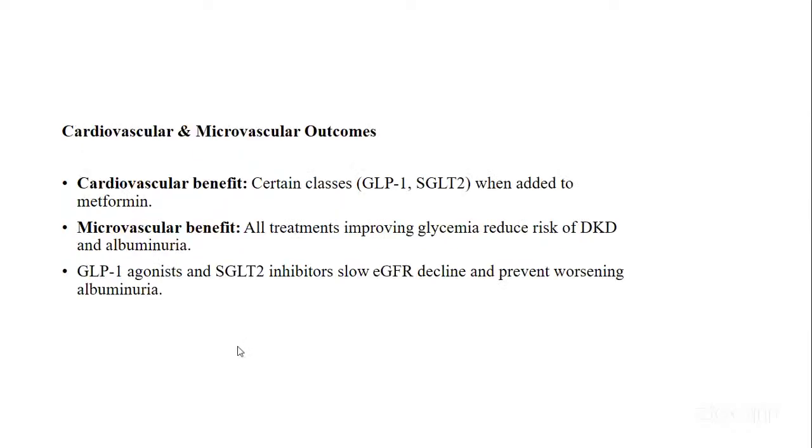For cardiovascular benefit, the benefits are proven for the GLP-1 agonist and SGLT2 inhibitors, which can decrease heart failure hospitalization and mortality associated with cardiac disease. For microvascular benefit, all treatments improving glycemia reduce risk of diabetic kidney disease and albuminuria, and GLP-1 agonists and SGLT2 inhibitors slow eGFR decline and prevent worsening of albuminuria.